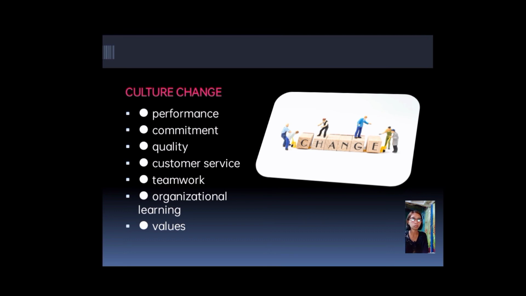Next is quality. It is total quality and continuous improvement. Next is customer service. Customers are programmers. Teamwork: team building, team performance management, or team rewards. Next is organizational learning.